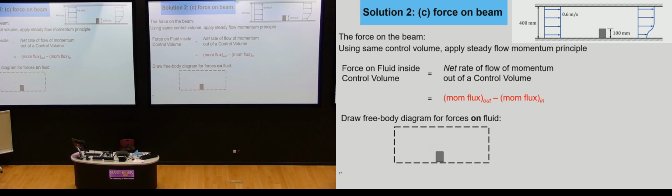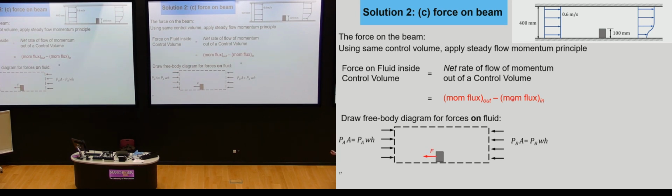So what are the forces on the fluid? We have a pressure force. We have a force due to pressure P_A at the left-hand inlet. We have a force due to the pressure P_B at the downstream, but we also have a force on the fluid from the beam. So that's the key point here.